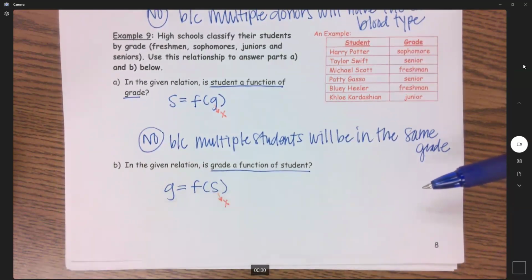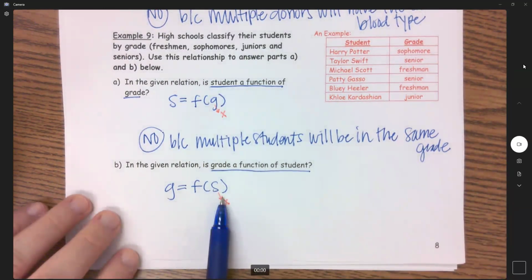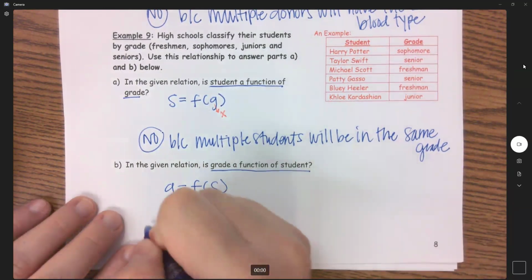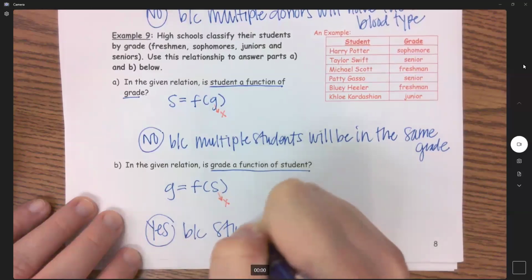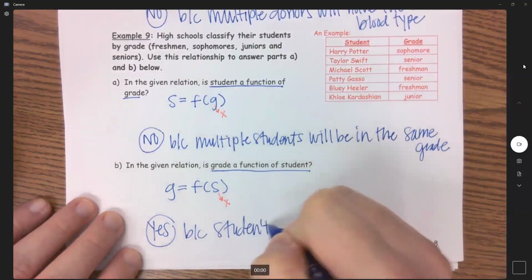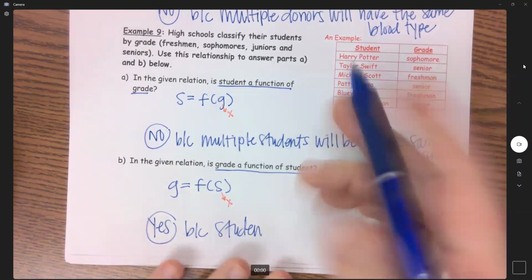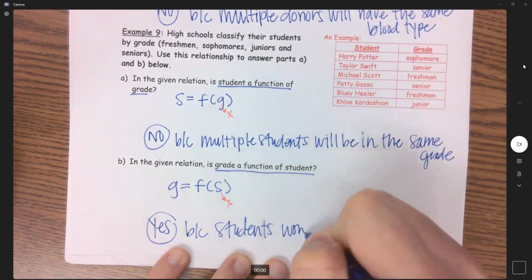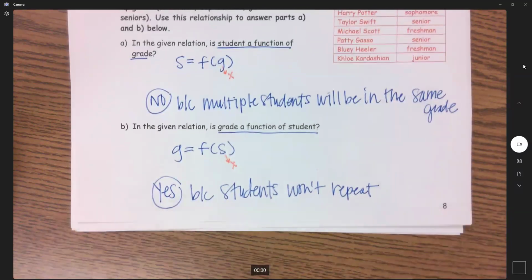And then somebody even in my last class talked about twins, but even if they're twins, they're still 2 different people, right? So is my student ever going to repeat? No. So that makes this a function. Yes, because students won't repeat. Even if they repeat grades, my student is not repeating.